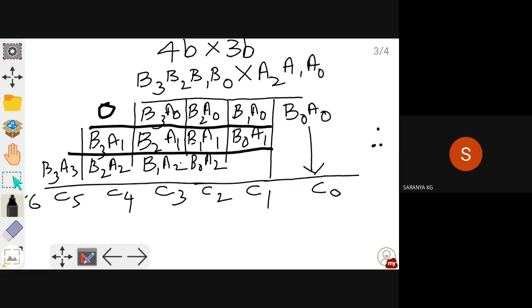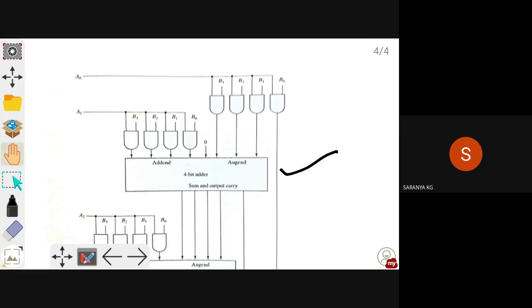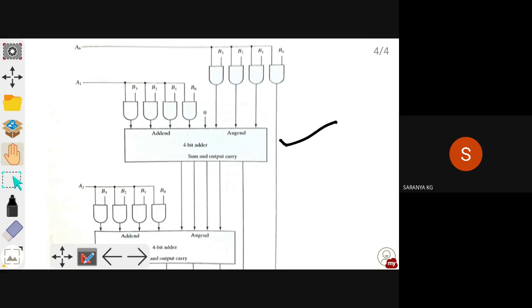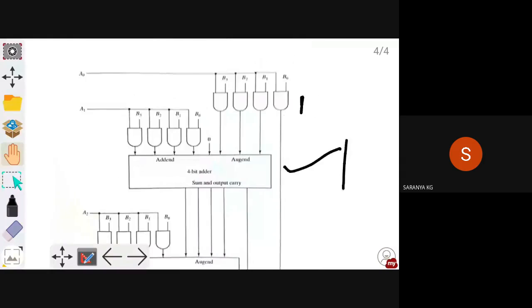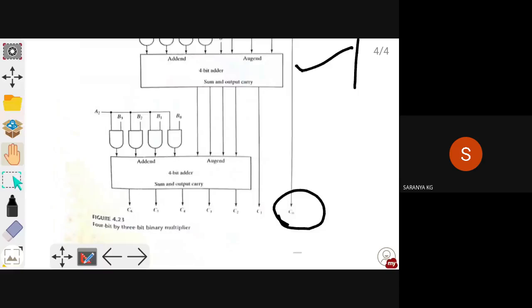A0 into B0 is the first AND gate, and the output from the gate you directly write as C0. So the first AND gate output A0 into B0, you straight away write it as C0. It will not go into the adder.